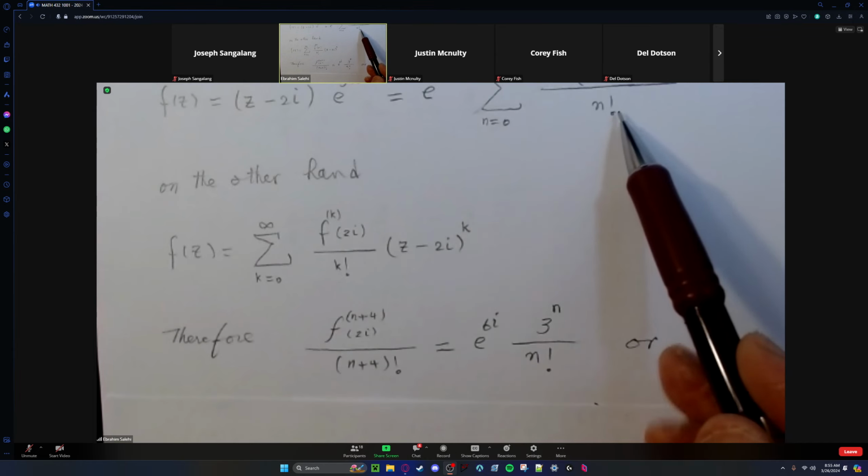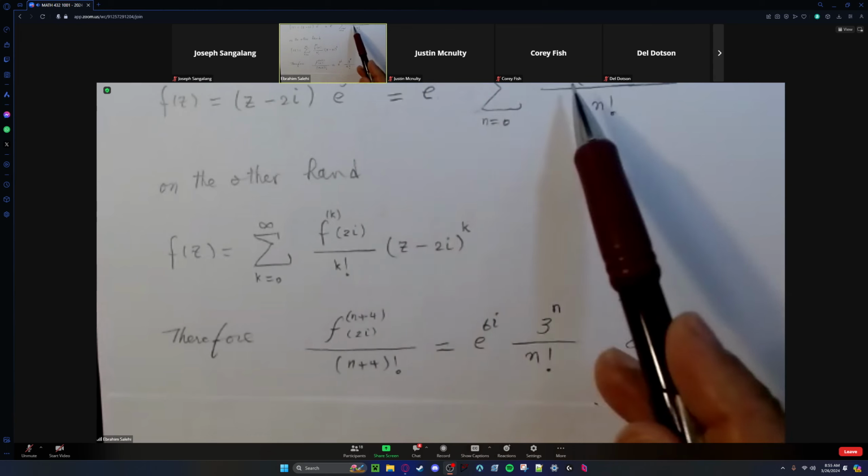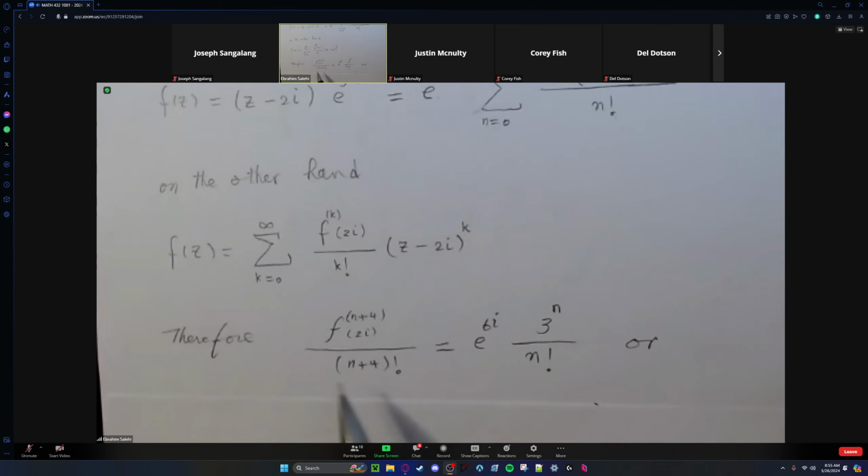In the other case, it is this constant times this. So using the shortcut and using the theory, we have this equation for any n. Well, I asked about the 15th derivative, so n is 11. Replace n by 11.